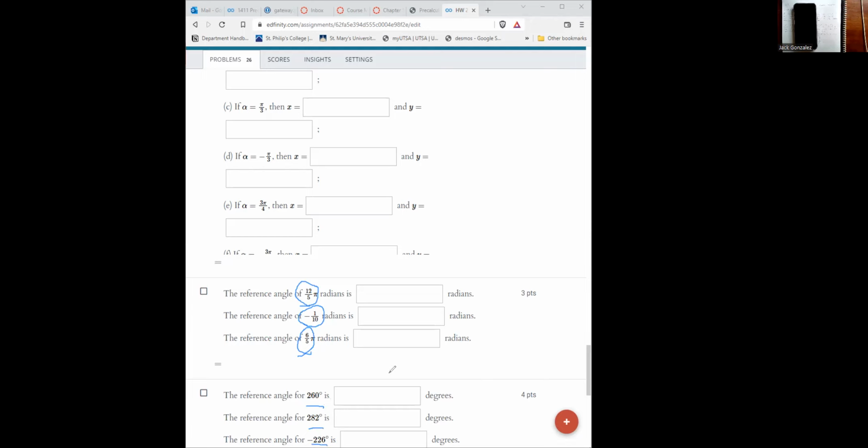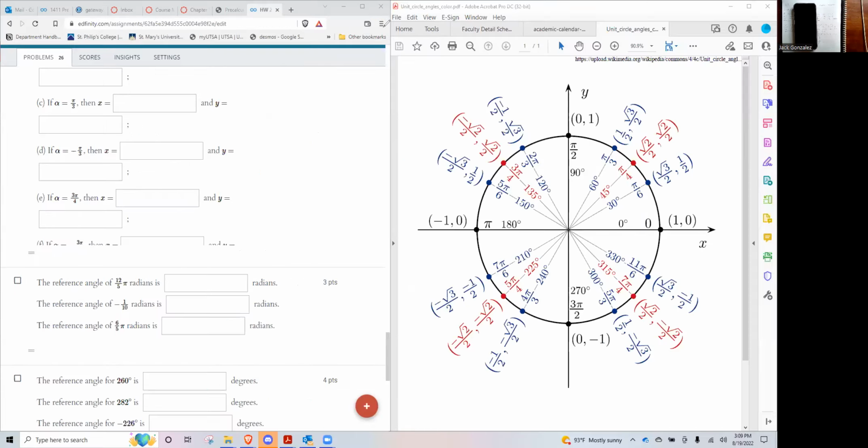Okay. So 260, and make sure both things are there. 260 is somewhere around right there. So you agree that 260 is right there, right? Obviously. So it'd be all the way to here. Okay.